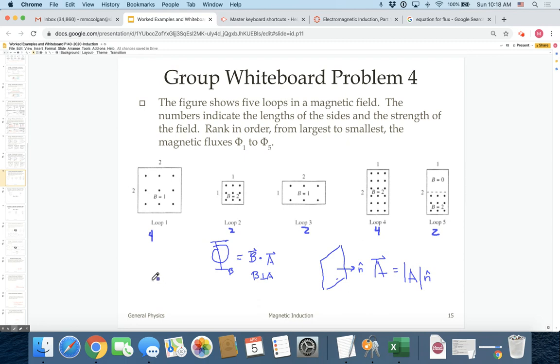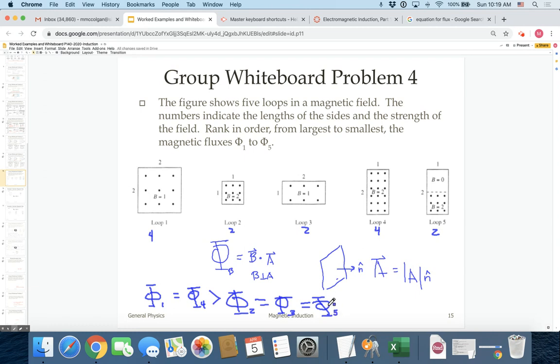So we would say that the flux of 1 is equal to the flux of 4, because they're both 4. But that's greater than the flux of 2. But then the flux of 2 is equal to the flux of 3 and is equal to the flux of 5.